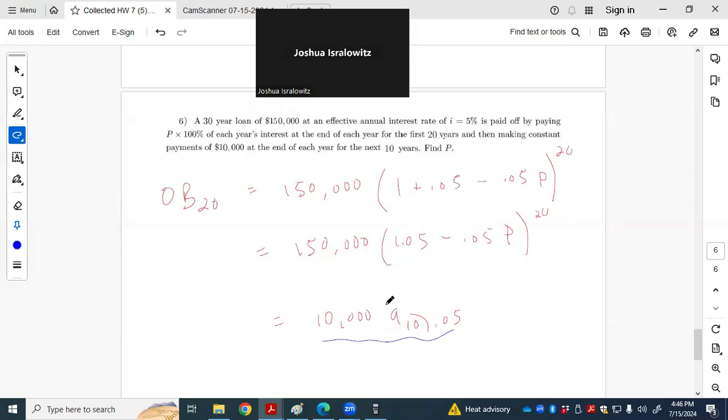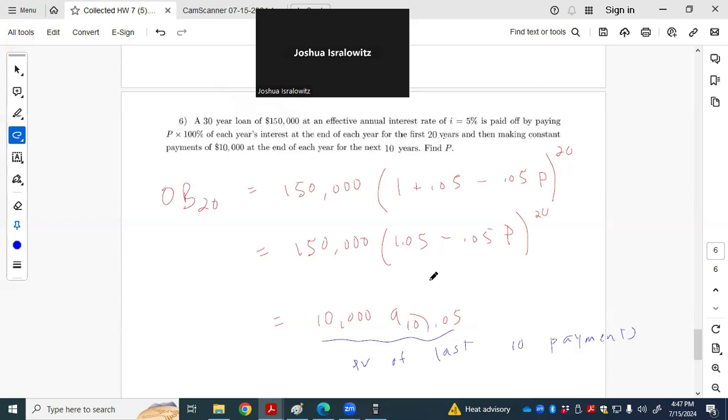So we're discounting these 10,000 payments by 10 years. Or we're taking the present value rather of these last 10 payments, time valued at T equals 20. All right, so this is the present value and payments.